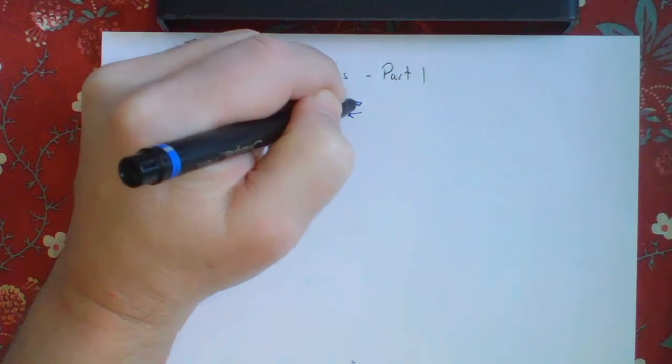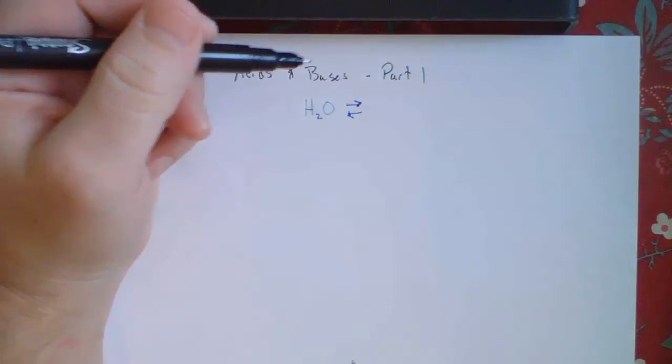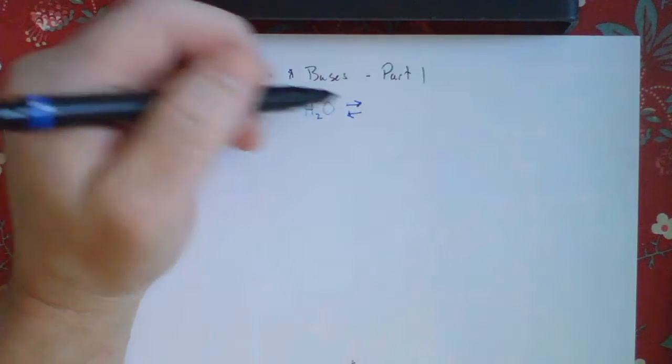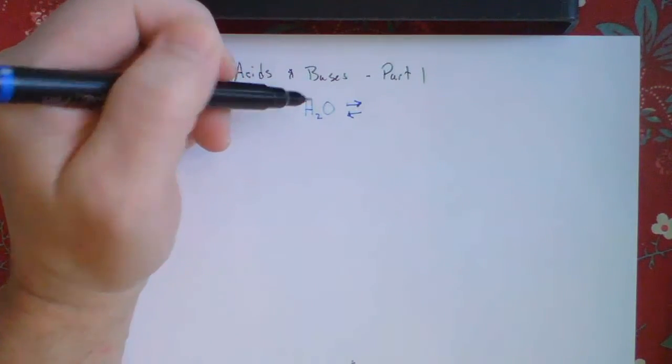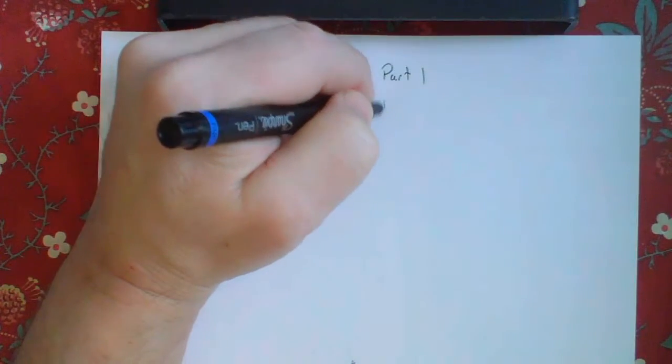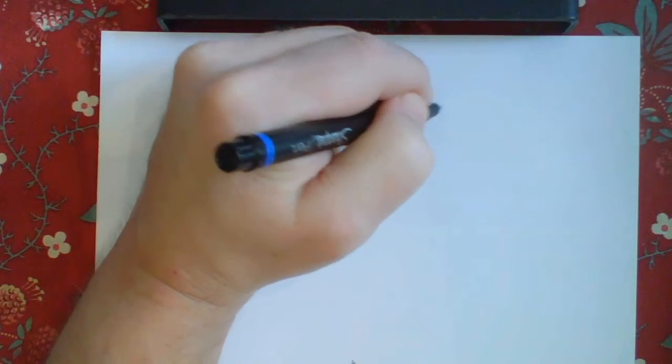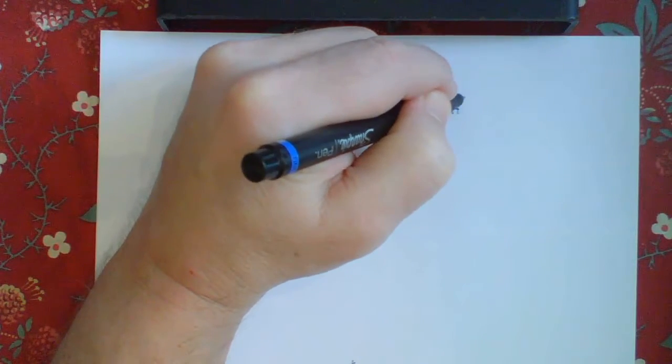So we show two arrows going this way and that way, because water will transfer between these ions and the actual water molecule. So it's going to form a hydrogen ion and a hydroxide ion.